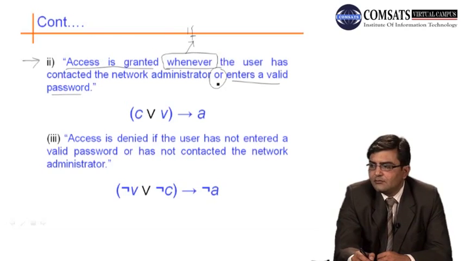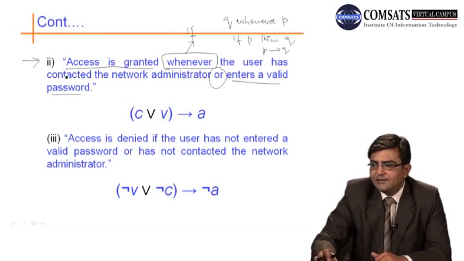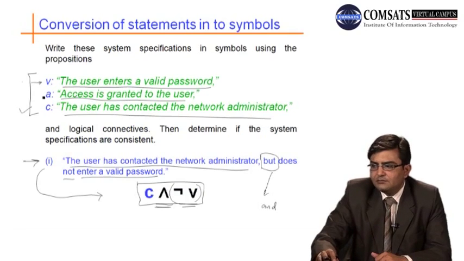So I have told you there is another form of conditional statement: Q whenever P. So this is basically logically equivalent to if P then Q, or P implies Q. Access is granted is basically A. This is proposition A, access is granted to the user.